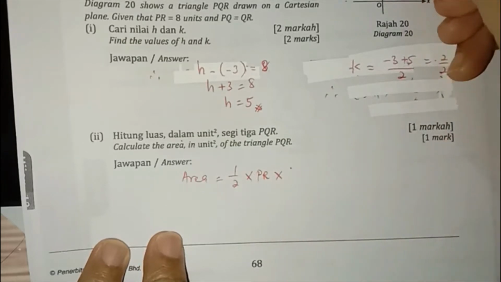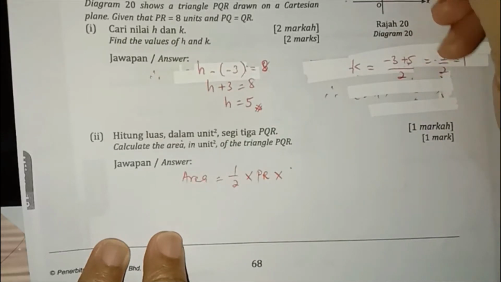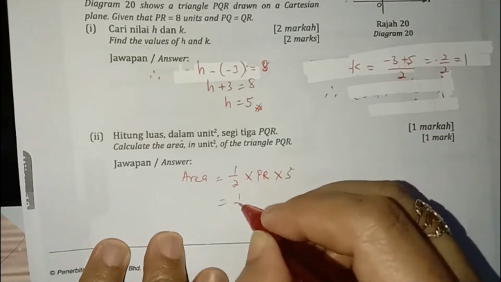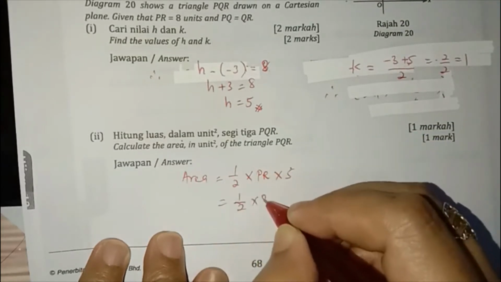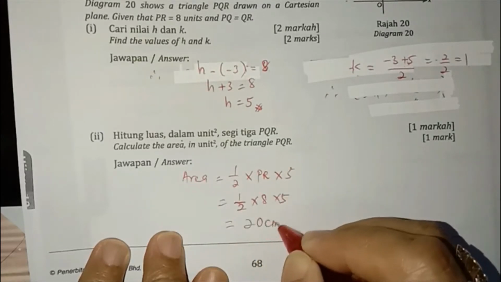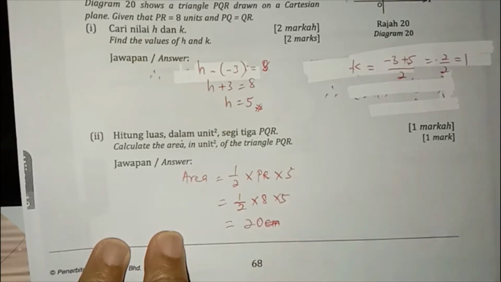No, 6. From here is 1 already. So here is 6, meaning the height is 5. Half times 8 times 5. So we get 20 unit square.